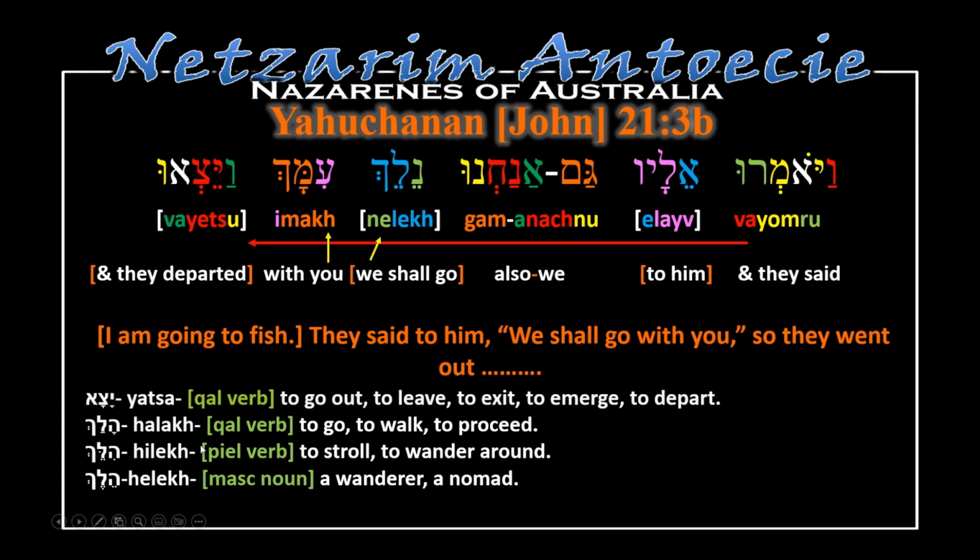But just to give you a bit more evidence of how the different vowels give us different meanings, we have hilek, which is a PL verb, to stroll, to wander around. And then we have also helek. As a masculine noun, it means a wanderer or a nomad. Right, and the translation we have is, I'm going to fish. They said to him, we shall go with you. So they went out.